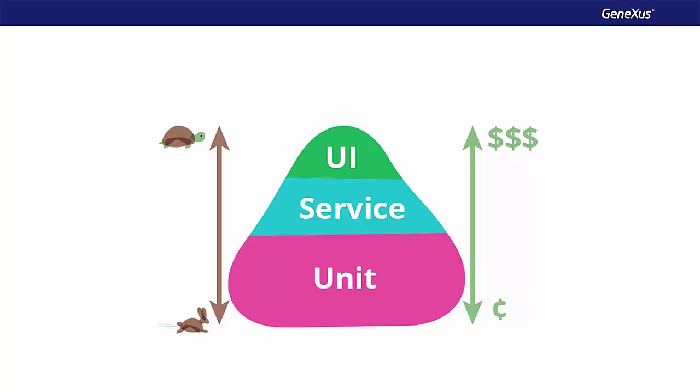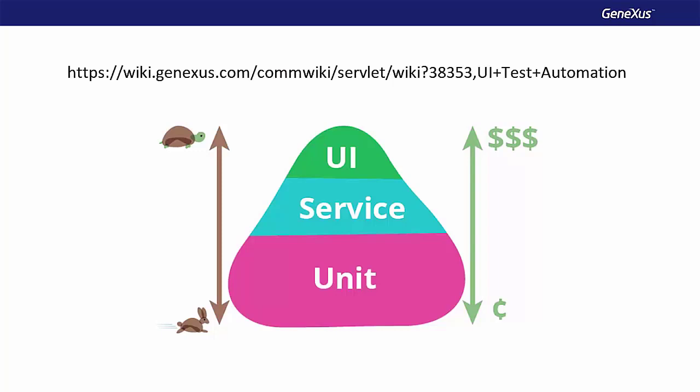These tests are more complex, and their implementation and execution take longer. Therefore, the testing pyramid reminds us that most automated tests in our app should be unit tests, because they're faster and less costly. Then, at the service level, we save the interface tests only for the flows that prove critical in our application. To learn more about the UI test, visit our wiki at the link on screen.